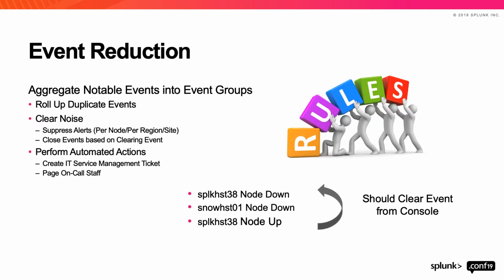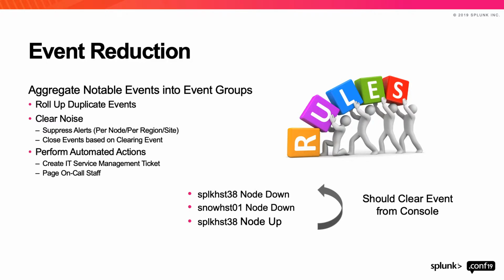What should remain on the console is the one host that didn't get an up message yet. This is all done in the event correlation, or in the notable event aggregation policies. We do that through notable event aggregation rules, and their sole purpose is, on the one hand, to clear the noise, and on the other hand, to perform automated actions.